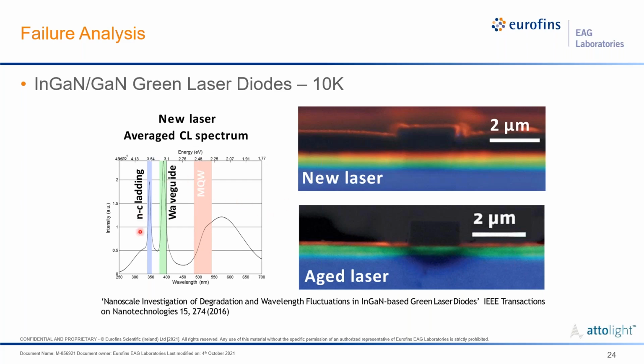So here, just the power of being able to analyze various emissive properties of lasers at different stages of reliability testing, for instance, to then basically back out specific degradation mechanisms.